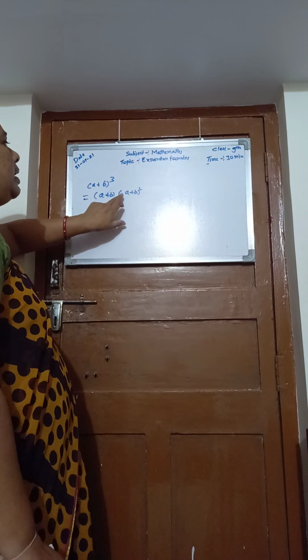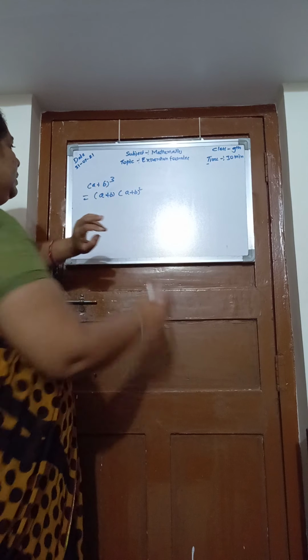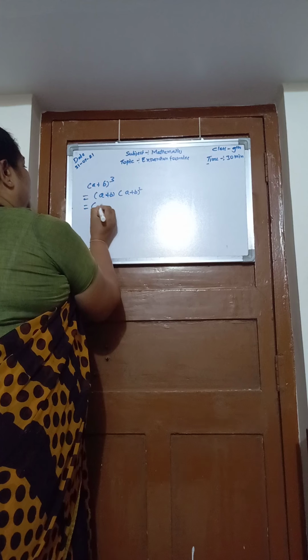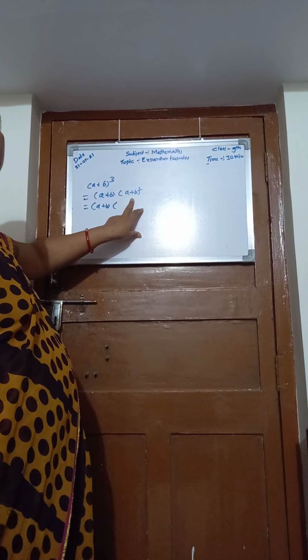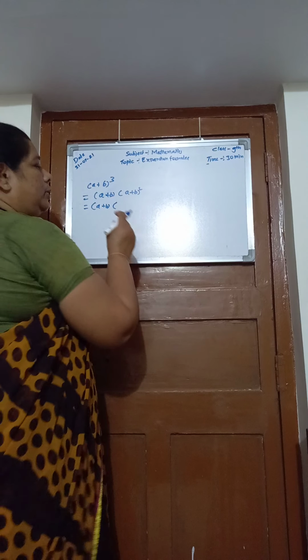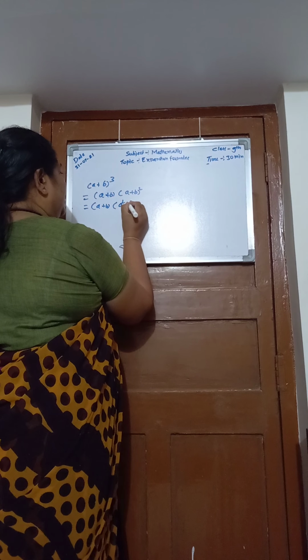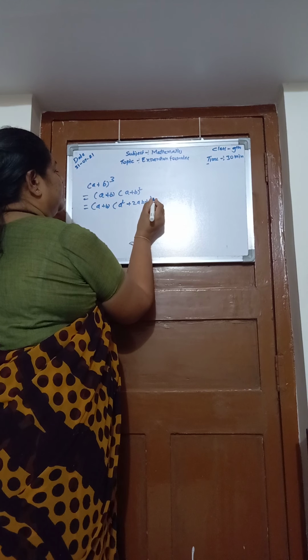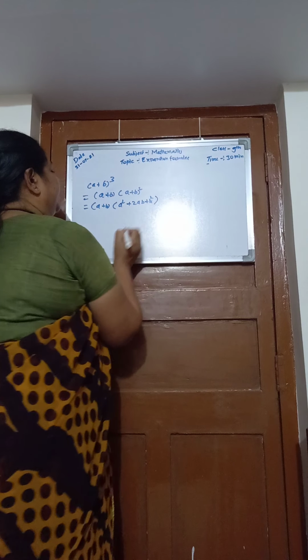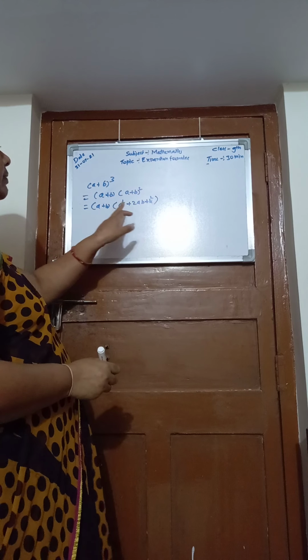Now (a plus b) whole square, we have already studied this formula. We can put directly a square plus 2ab plus b square. Okay, then multiply each term with this term.